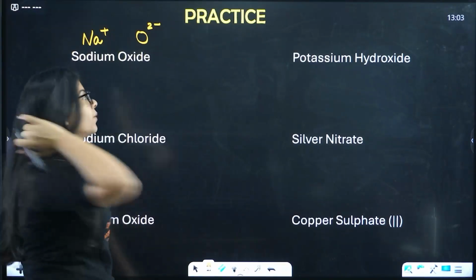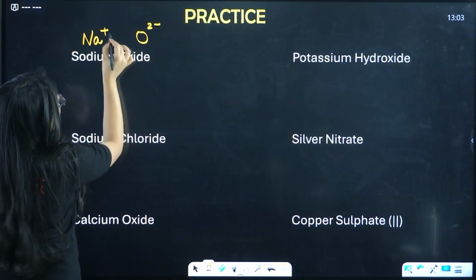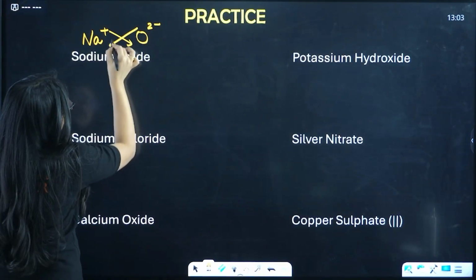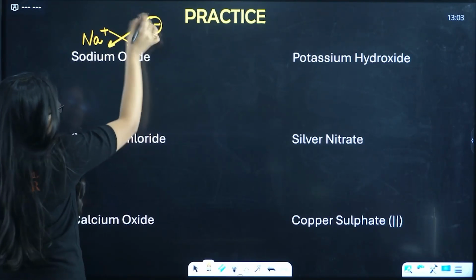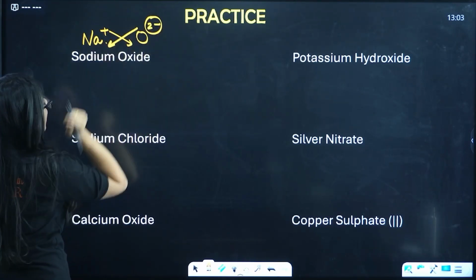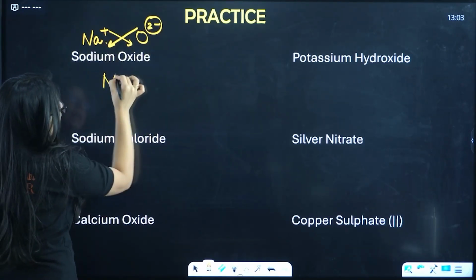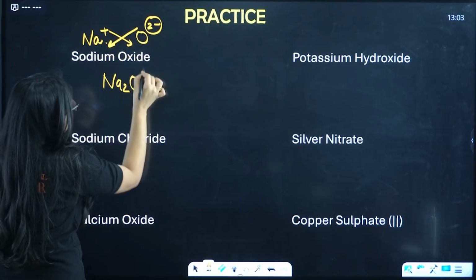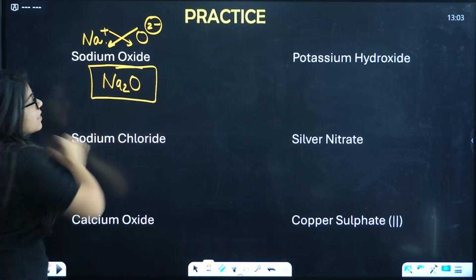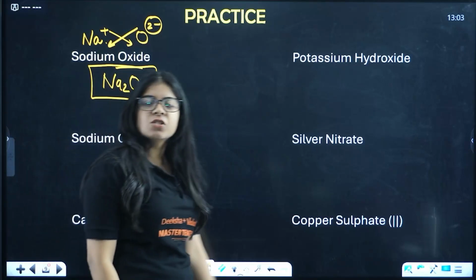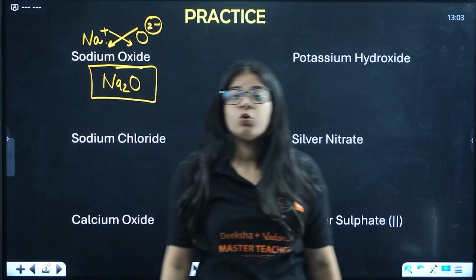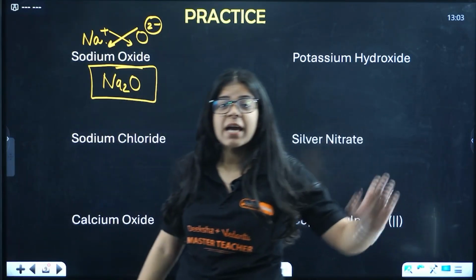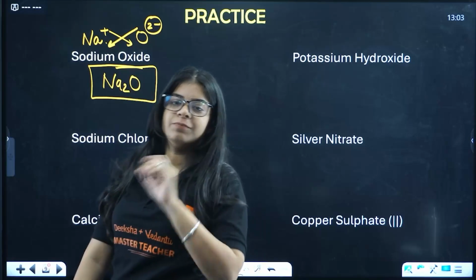Now what you have to do is cross multiply and put the upper sign in the foot of the other. So Na2O. Sodium is Na plus, oxide is O2 negative. The compound becomes Na2O. Understood?